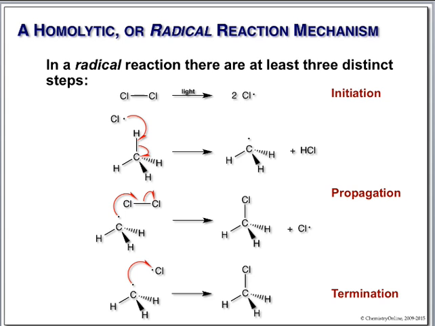So you can get lots and lots of isomers. So in general, it's a nice simple reaction, but not useful synthetically, because unless you want to make carbon tetrachloride, in most cases you would get bad mixtures of products.